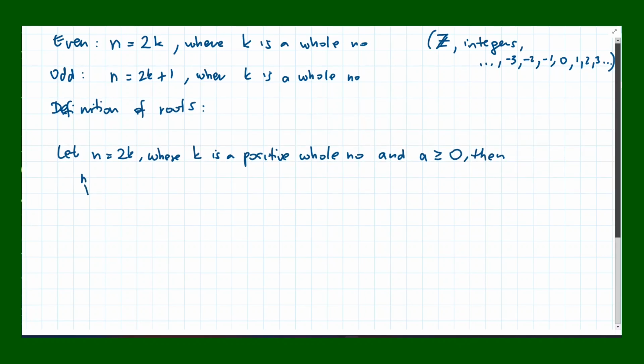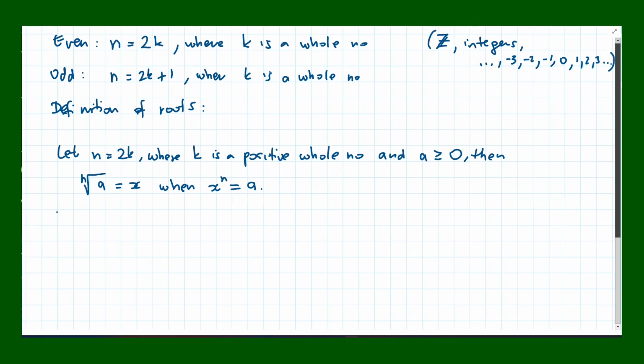Then the nth root of a is going to be equal to x when x raised to the nth power will give me back the a. So the nth root is basically a number that if I raise it back to the nth power, I will get back the number that's under the root. So be careful because with an even power, I can only have non-negative numbers under the root.